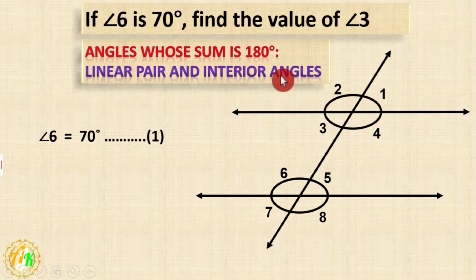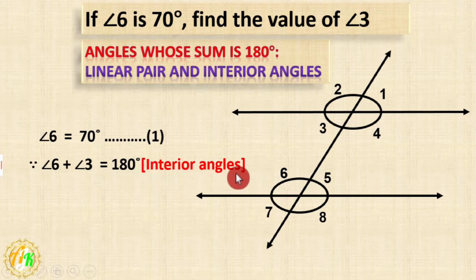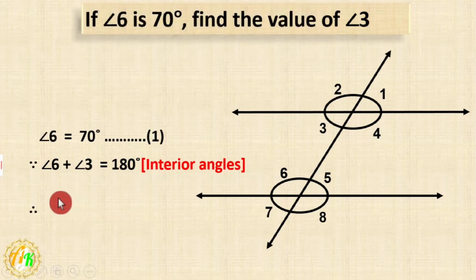Angles whose sum is 180 degree are linear pair and interior angle. Angle 3 and angle 6 are interior angle, their sum will be 180 degree. So we can write angle 6 plus angle 3 equal to 180 degree, as they are interior angles. Now write down the value of angle 6 just below it, angle 3 and 180 degree as it is.